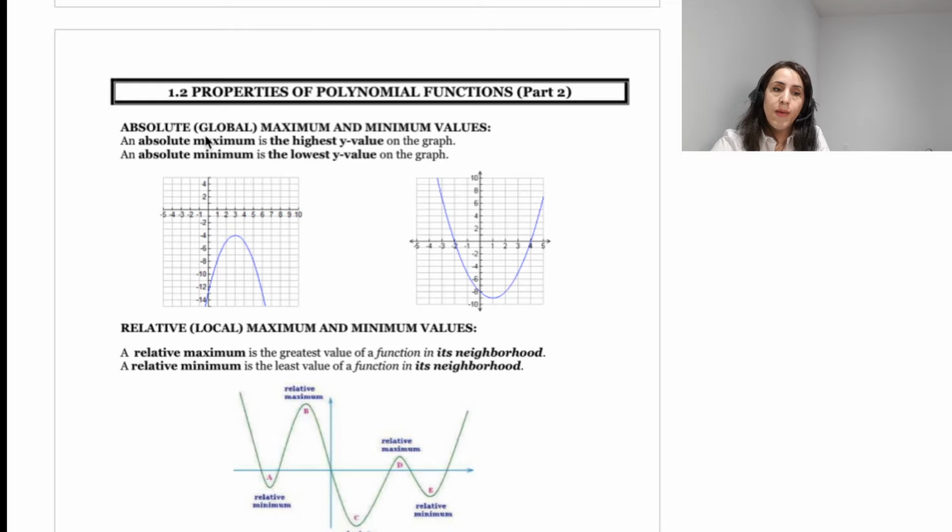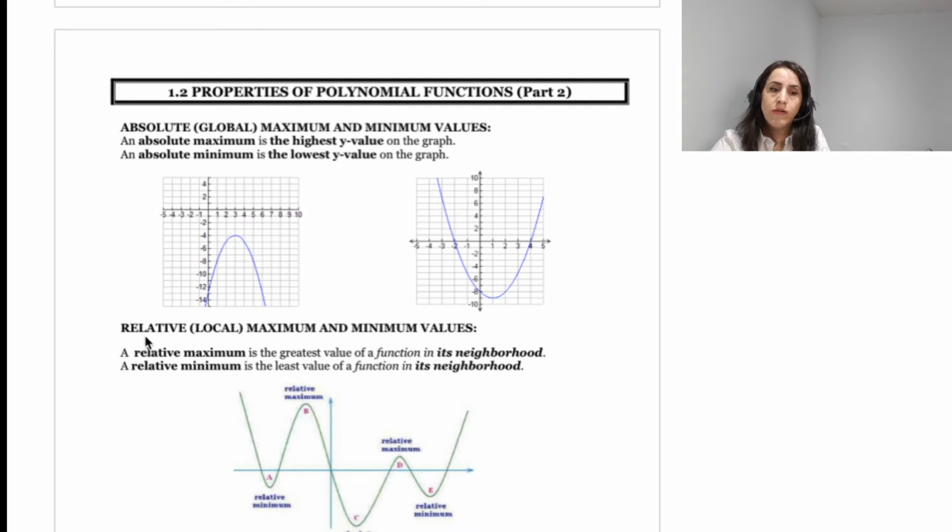We know that the maximum point is the highest y value along the other points around the function. But when we are talking about absolute maximum or minimum, the absolute maximum is the highest y value on a graph, and the absolute minimum is the lowest value on a graph.